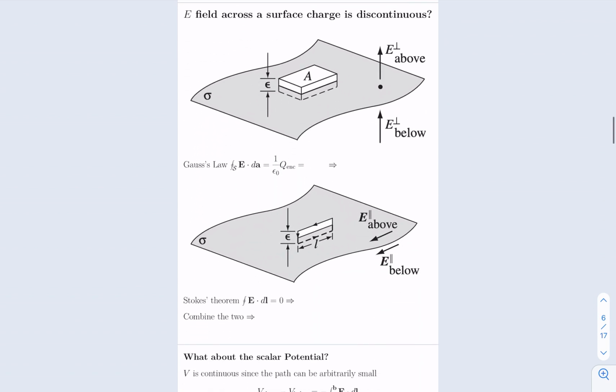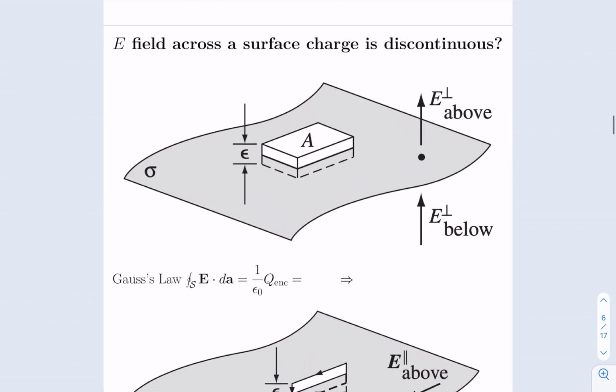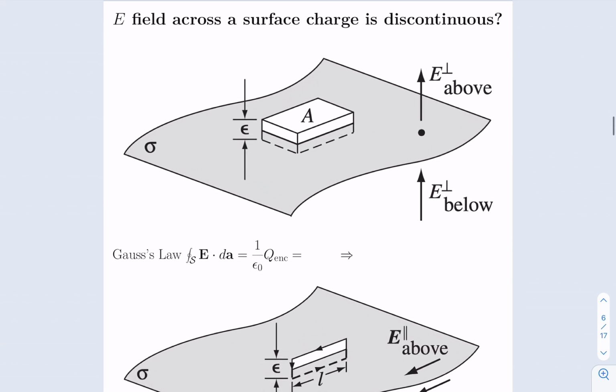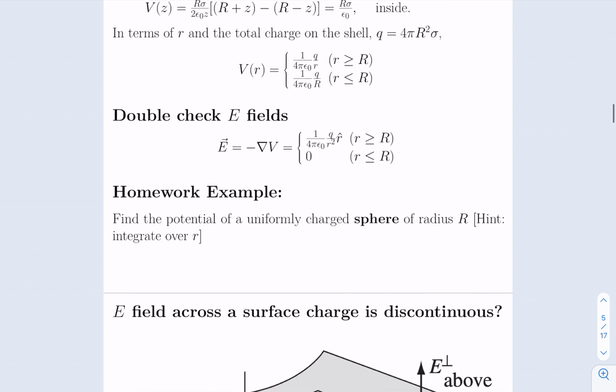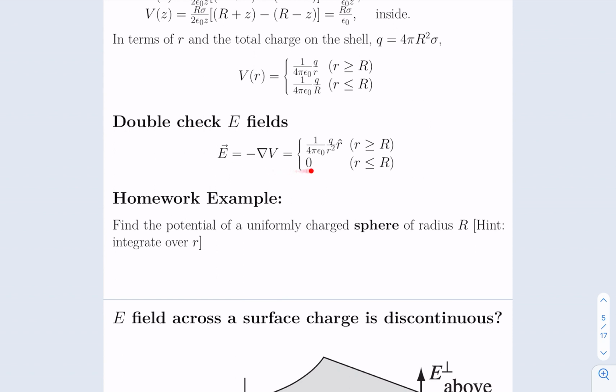Okay, now let's go next. Here we want to discuss a surface charge, like the problem before. If you look at this problem, the electric field is discontinuous at the surface, which is not quite trivial.